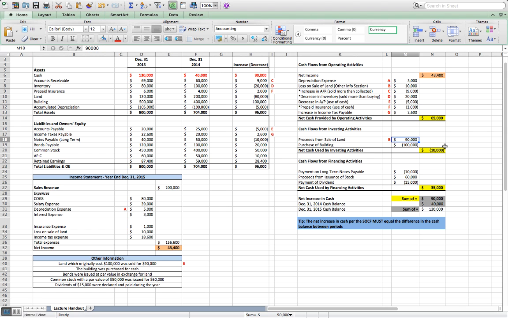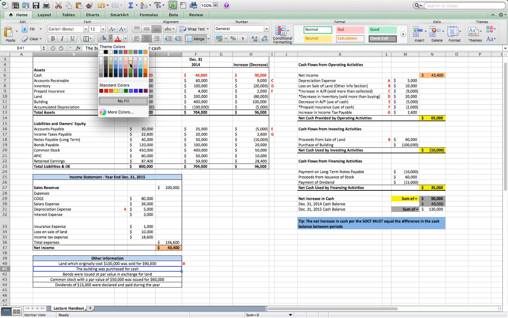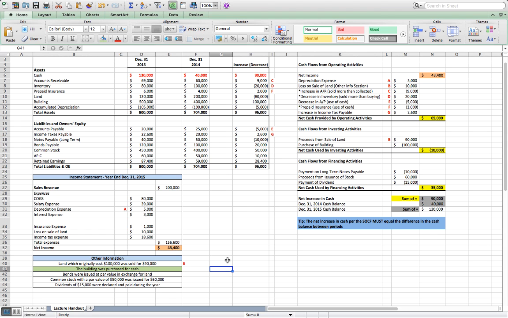As you can see in the other information section at the bottom, we purchased this building for cash. Therefore, we spent cash to acquire this building. And as you can see, our building account went up $100,000.